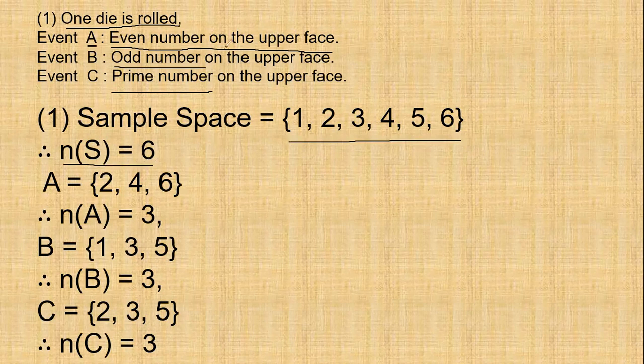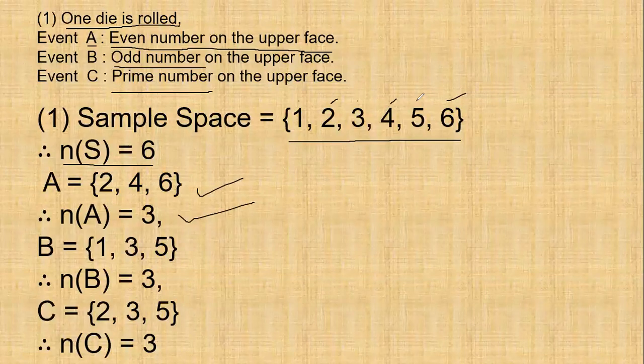Now A is even number on the upper face, all even numbers. Which are the even numbers? 2, 4 and 6. It means number of A is 3. Then odd numbers. Event B is odd number on the upper face. So these are the odd numbers: 1, 3 and 5.